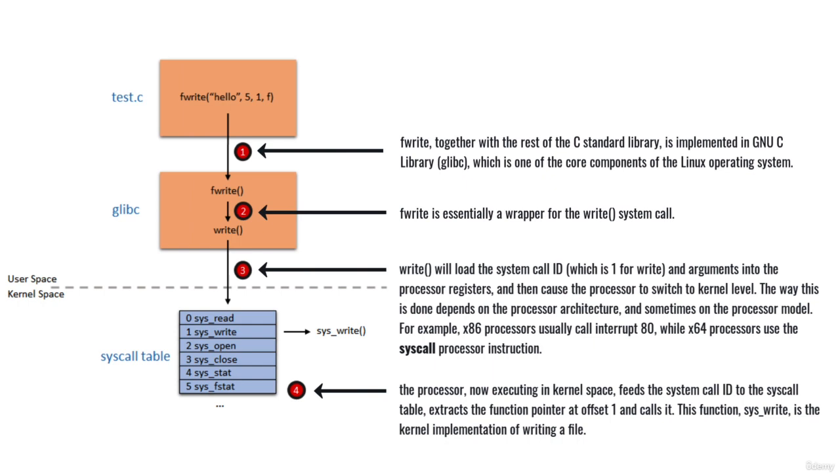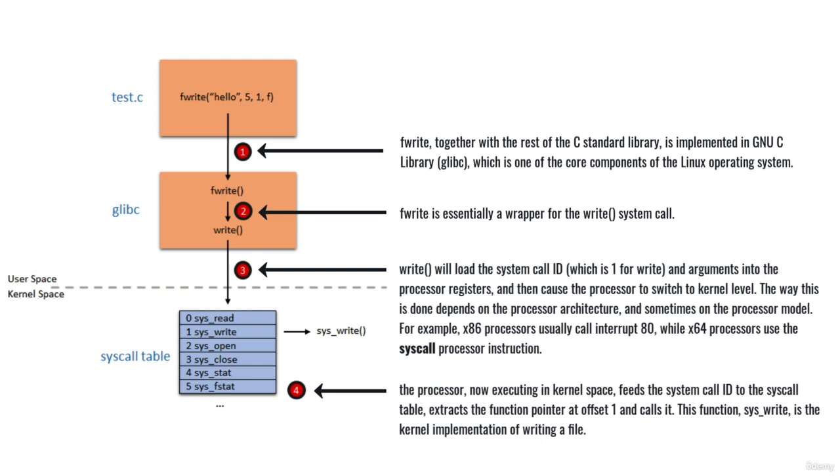First, fwrite, together with the rest of the C standard library, is implemented in the GNU C library, which is one of the core components of the Linux operating system. Fwrite is essentially a wrapper for the write library call, and write will load the system call ID, which is 1 for write, and arguments into the processor registers, and then cause the processor to switch to kernel level.